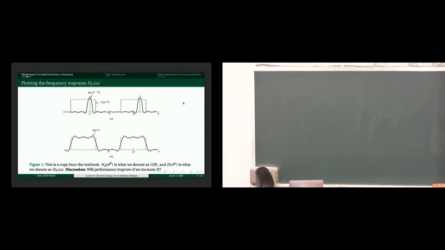Remember that we're trying to design a low-pass filter, and ideally you want a very sharp transition between passband and stop band, but it's impossible to implement that. So after we apply a window, in the frequency domain, this ideal response is going to convolve with the Fourier transform of the window.